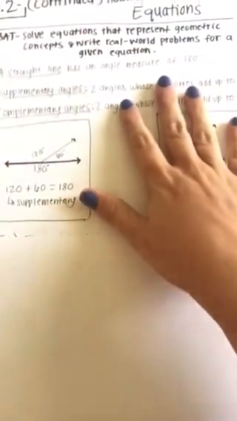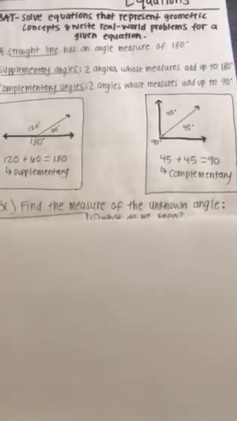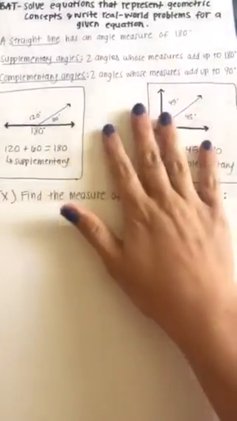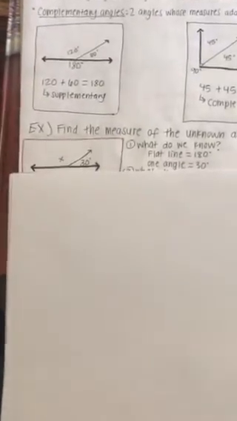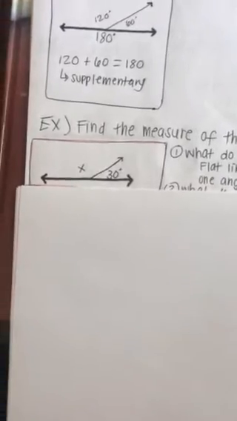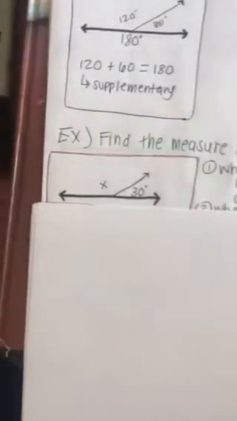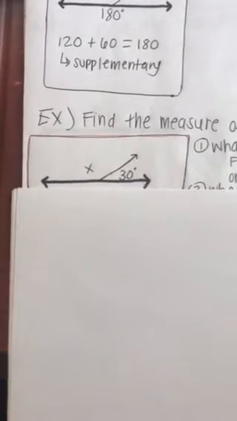That being said, we are going to try some equations that have to do with these angles. First one says find the measure of the unknown angle. So here's the unknown angle. The first thing I want you to do, just like last week, is think about what you know from looking at this.